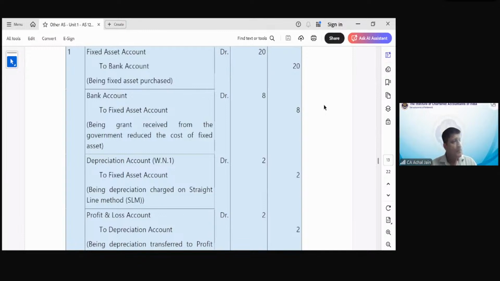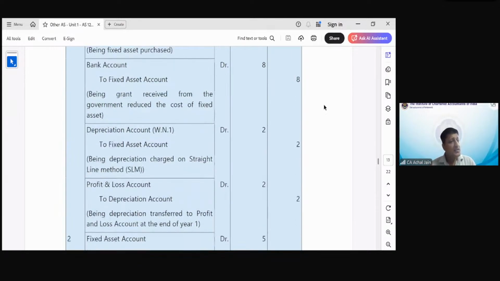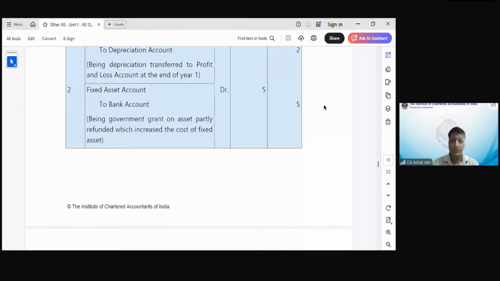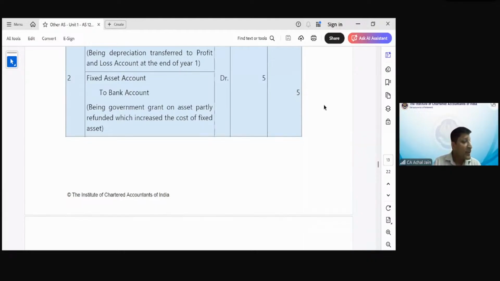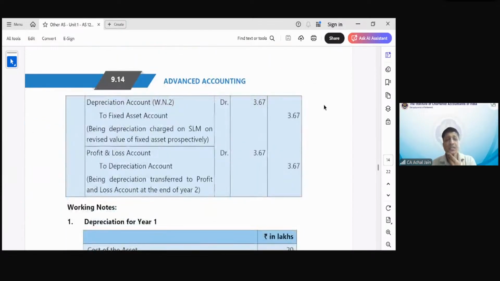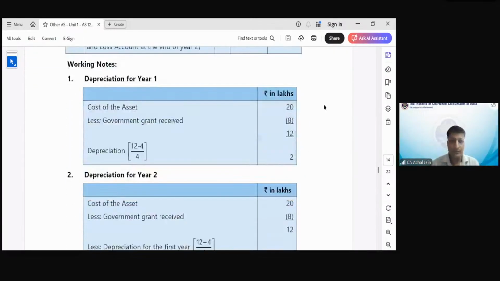Now, let's move on to the second year. Second year is the year when the grant is required to be refunded. We understand the grant is required to be refunded by 5 lakh. Now, in this case, one small calculation will be required. What is that?